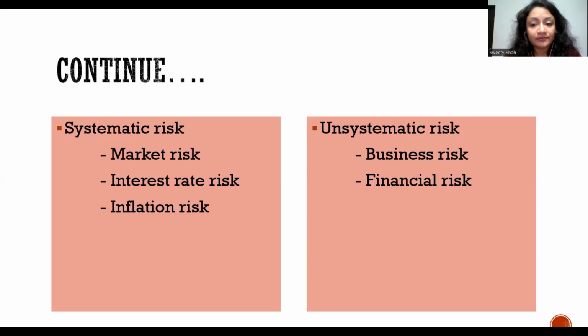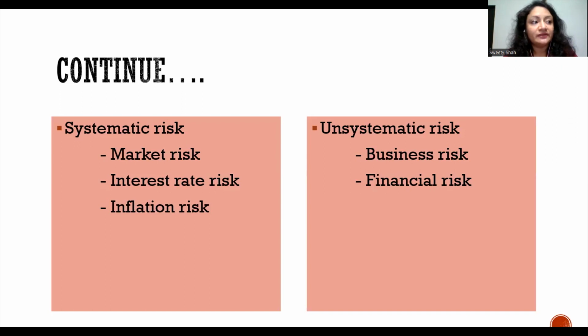And since the payment of interest on debt securities is mandatory, the amount remaining after such fixed charges is coming down. And when this profitability is coming down, it is reducing the earnings per share of the equity share. So this is denoted as the financial risk.